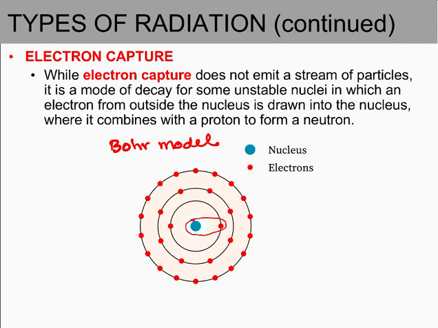What ends up happening is a proton combines with that electron to become a neutron. Protons are positively charged, and then it grabs onto an electron which is negatively charged, and then their charges cancel out. So we end up forming a neutron, which is neutral.